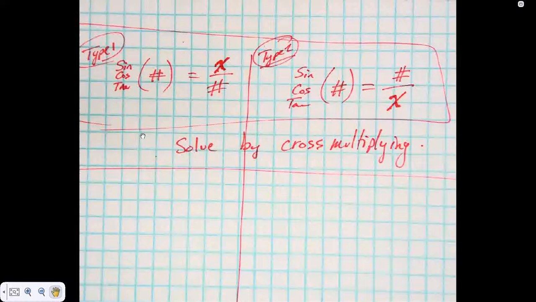So let's just start doing some examples from your homework. Let's jump ahead. I'll pick, how about number 43?